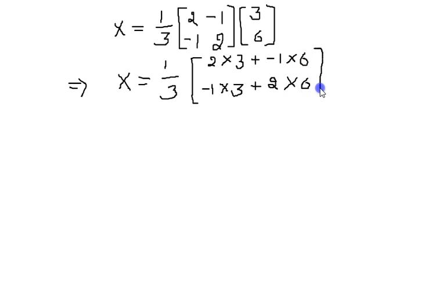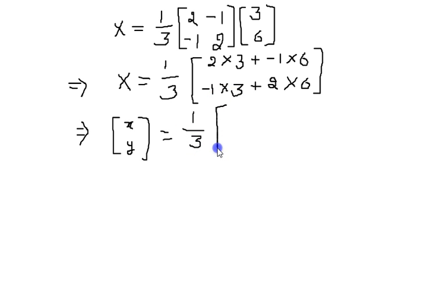Okay, so now I'm going to write x again in the matrix form. So we can write x as small x, and in the second row first column it is y. So now the simplification, I need to write it again, 1 over 3.